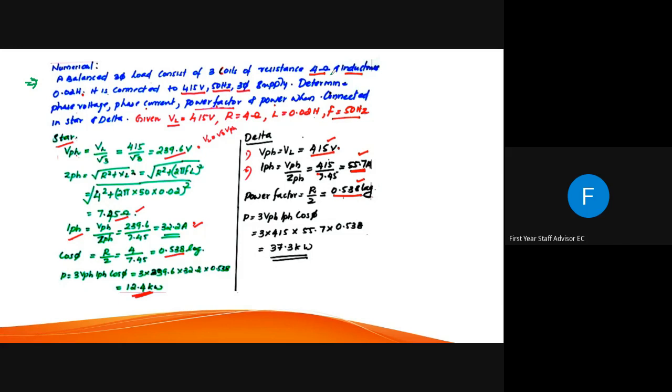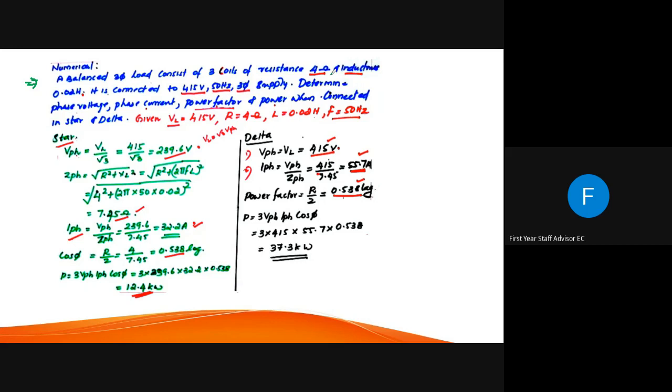It is connected to 415 volt, 50 hertz three-phase supply.